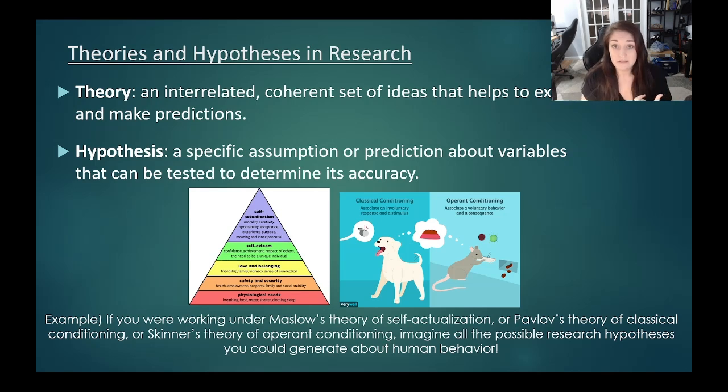That is a statement that specifies a relationship between variables and can be tested, right? I can test: can people dedicate psychological energy to their health and their employment if their physiological needs are met? Okay, so that's an example of a very specific hypothesis coming from a much larger theory in psychology.